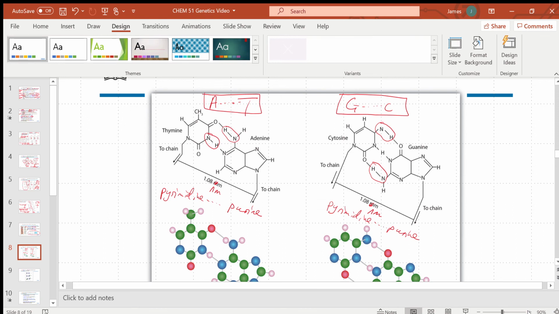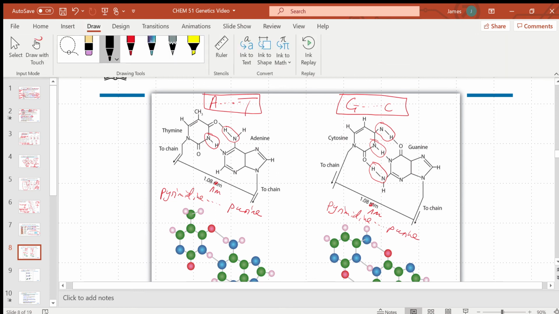Now, 1, 2, 3, 1, 2, 3. Okay, so here's our hydrogen bond, here's our hydrogen bond, here's our hydrogen bond. I'll do it in black here.